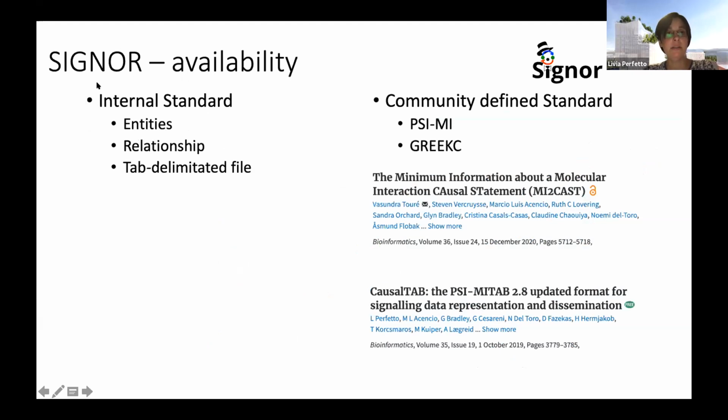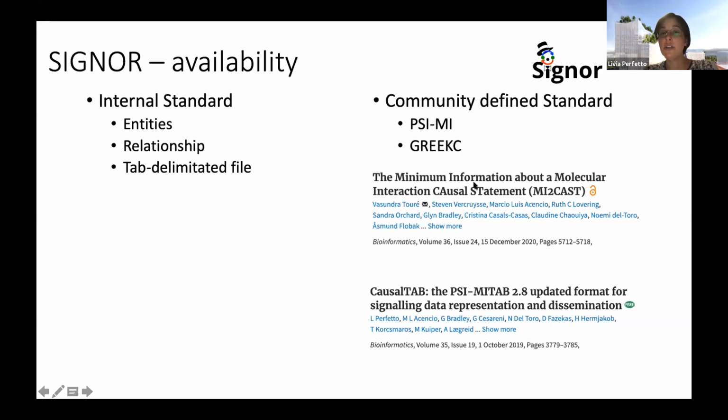Our resource is completely freely available for download, as a very user-friendly tab-delimited file, for which we have our own controlled vocabulary for entities and relationships. But we also follow a community-defined standard.